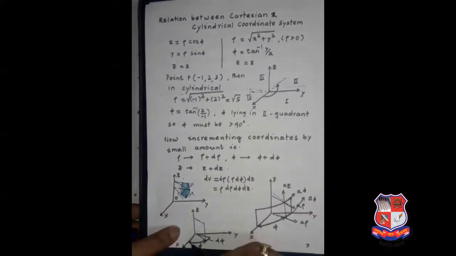If you look at this figure, I have shown you initially the angle phi with the x axis and your a rho direction. If phi is incremented by a small value del phi, this is the del phi.